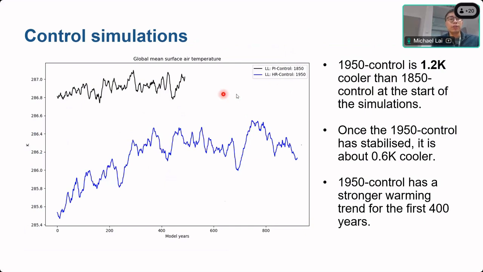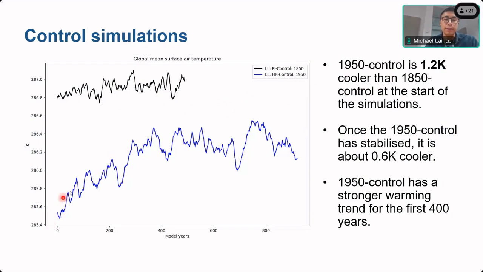And so the first result is the control simulation comparing the PI control with the HighResMIP control. The blue line is the HighResMIP control based on the 1950 forcing, and the black line is the PI control. It's kind of surprising, but the 1950 control is about 1 Kelvin cooler than the 1850 control at the start.